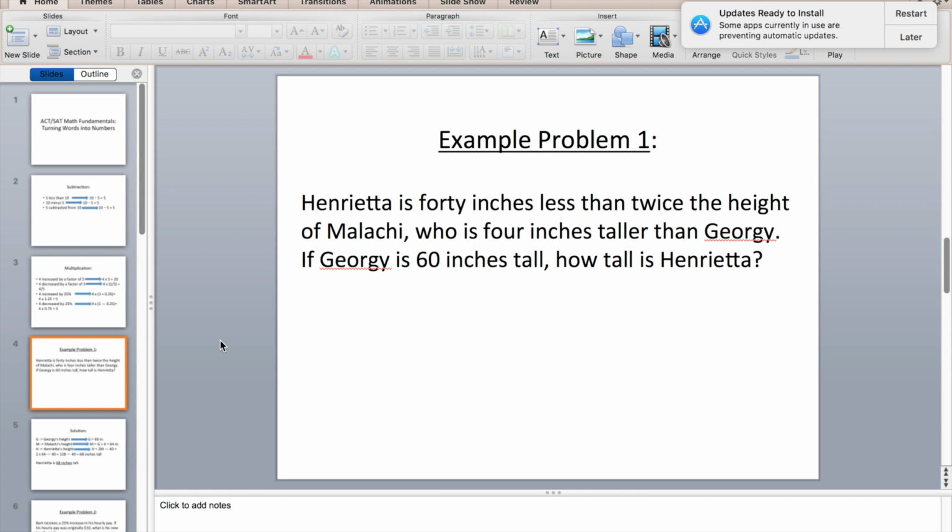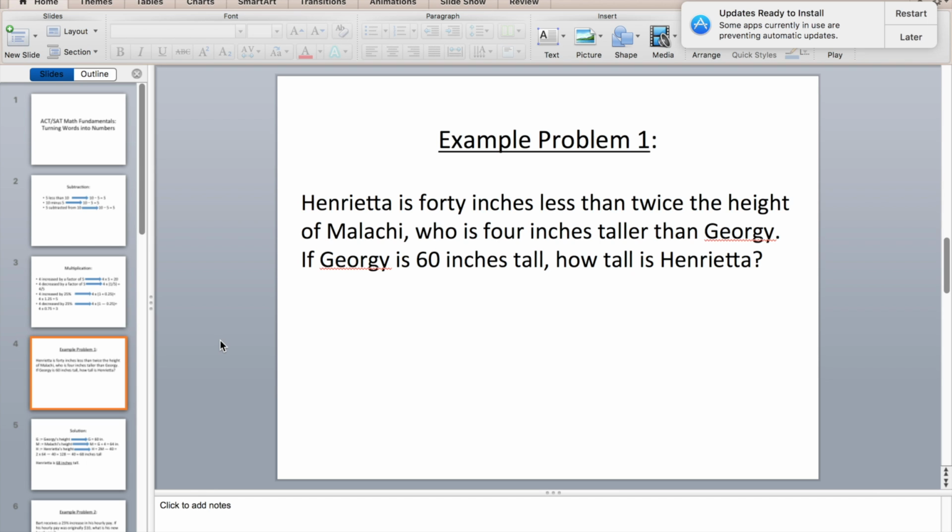All right, Henrietta is 40 inches less than twice the height of Malachi, who is 4 inches taller than Georgie. If Georgie is 60 inches tall, how tall is Henrietta? A lot of information here, but take it one step at a time.